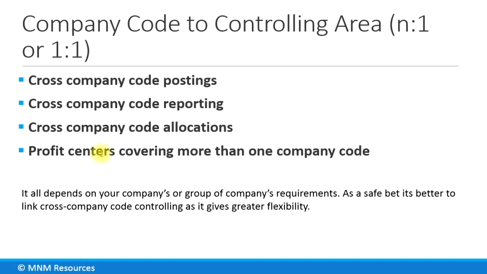You also have the option to assign one profit center to cover more than one company code. For example, you might have 3 company codes producing the same product, so you can assign this profit center to those 3 company codes. You might have a company code called Lifebuoy, which might produce detergents or sanitary items and soaps and so on.